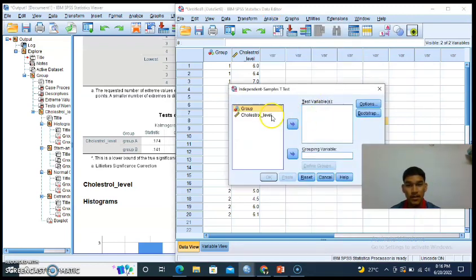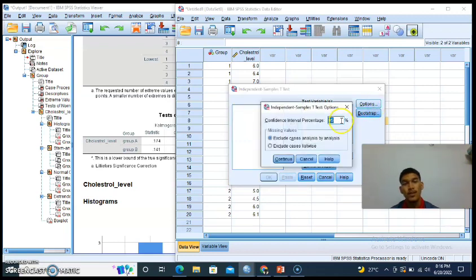For the test variable, we key in cholesterol level, and for the grouping variable we key in group. Then we click options and must confirm the confidence interval percentage is 95%, and click continue.